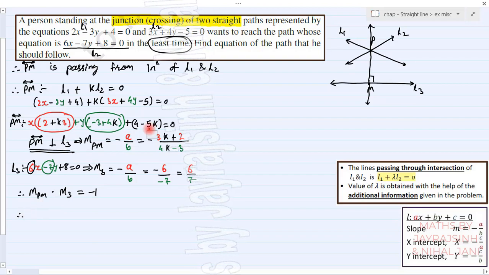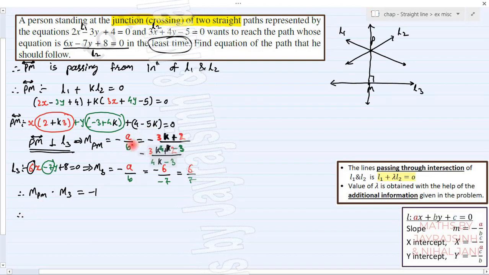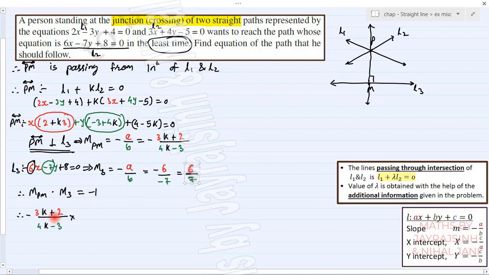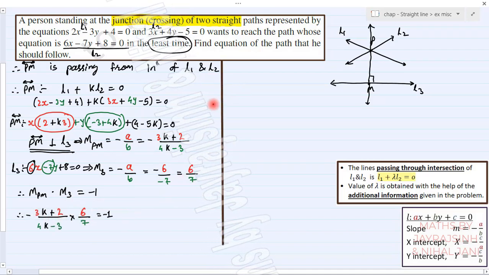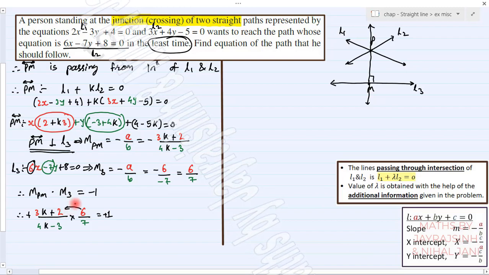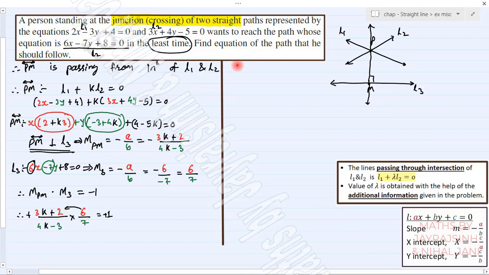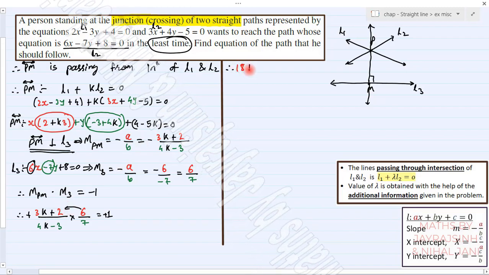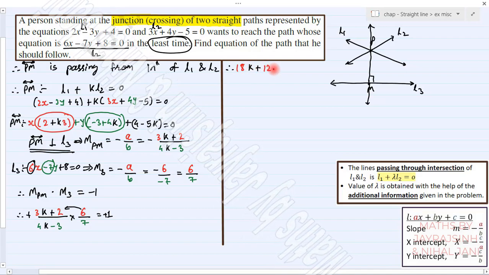So let's multiply your slope of PM with slope of L3. Now let's simplify. Here minus minus become plus 1. We have to multiply 6 with 3K plus 2. We will get 18K plus 12.